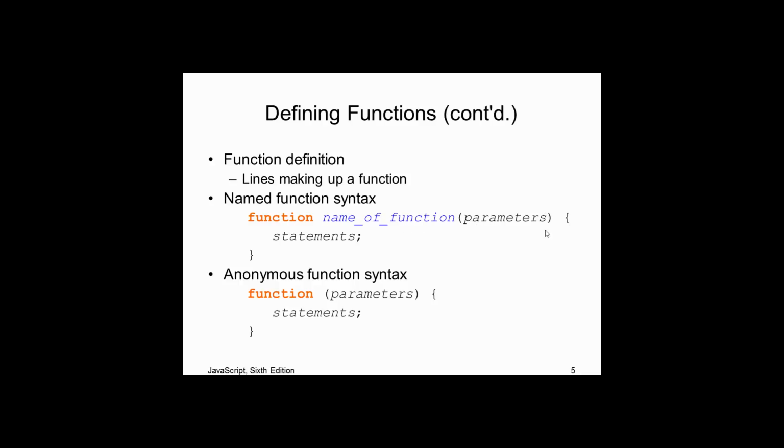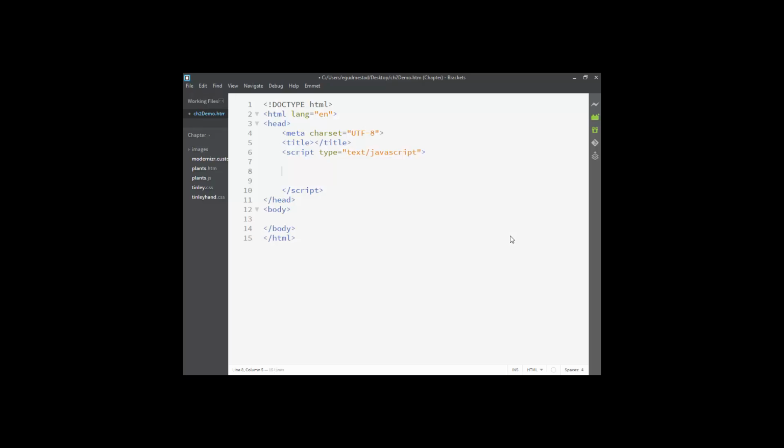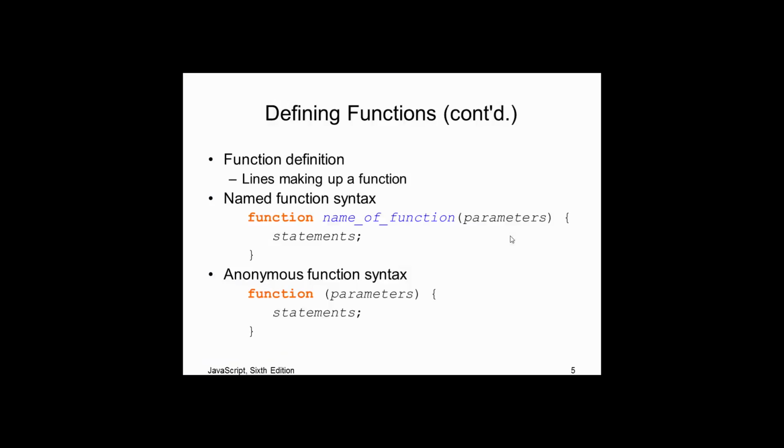And then in the parentheses are a special type of variable called parameters. But realize parameters are just variables. Okay? So if you know what a variable is, you know what a parameter is. I'm going to write a function without any parameters. Parameters are optional. You could have none, you could have one, you could have many.